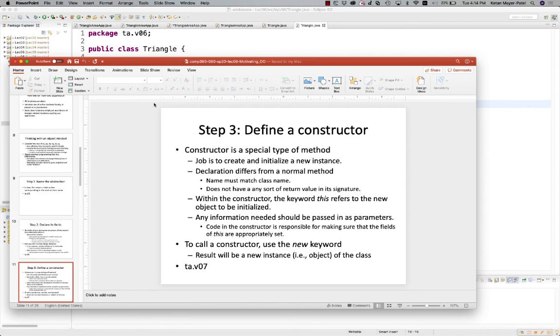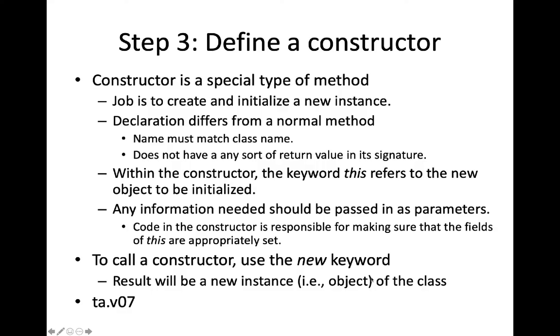A constructor looks a lot like a method, but it's not a method. It's a special method, if you will, that has one job. And that job is to create and initialize a new instance of the abstraction, right? So you use a constructor with the new keyword. You have to say new and then something, right?